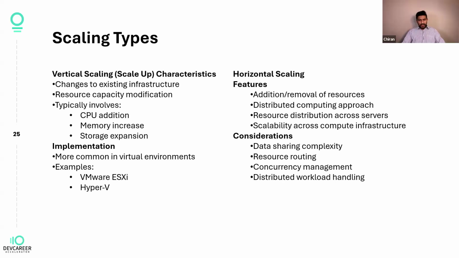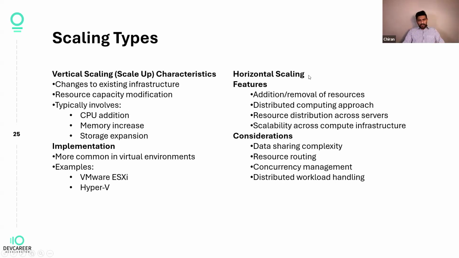You increase the resources of a single VM, which is called vertical auto scaling. So for example, VMware, Hyper-V. These are virtualization tools. So you make the hardware changes like the storage, memory, and CPU.